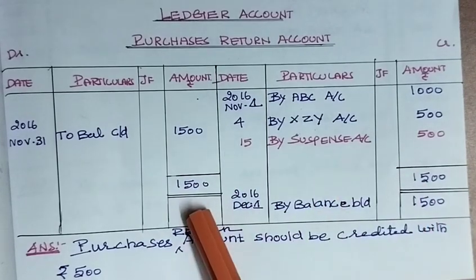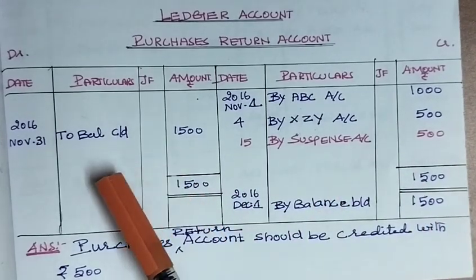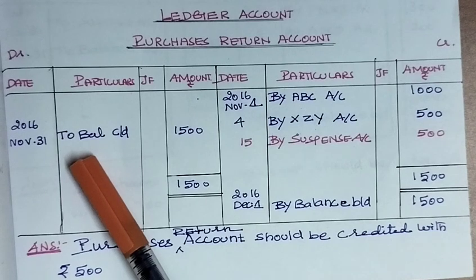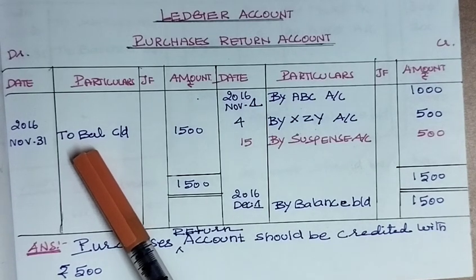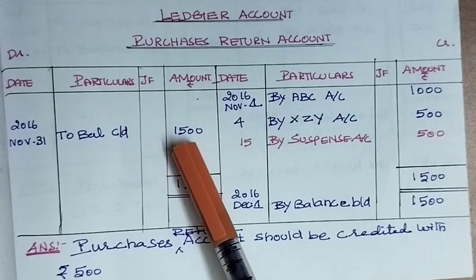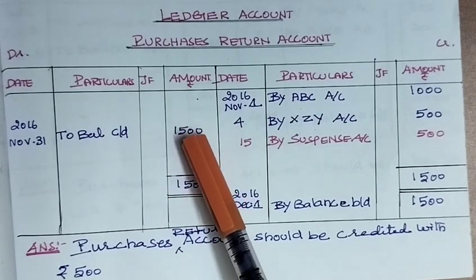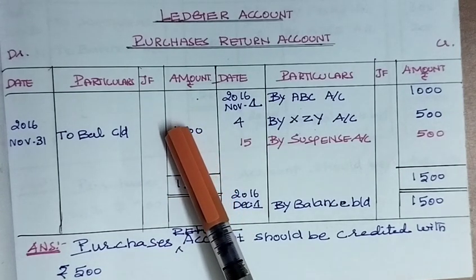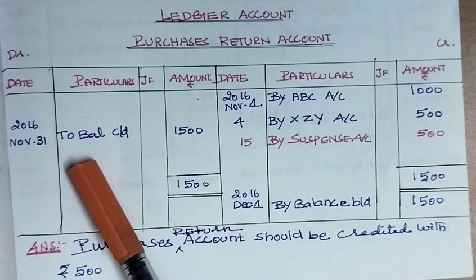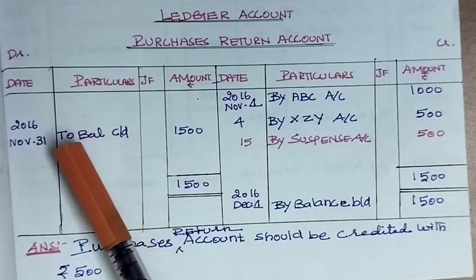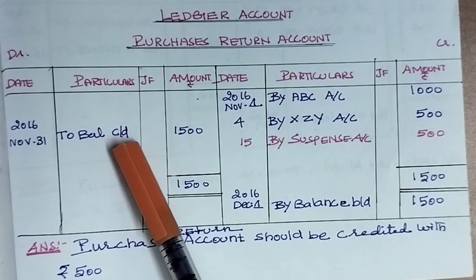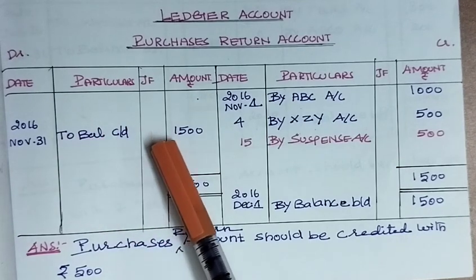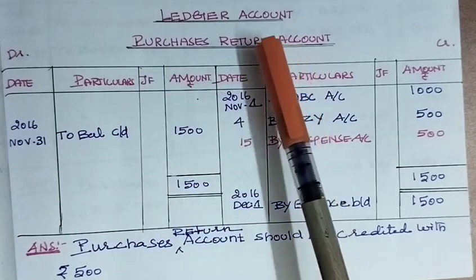Then we need to find out the closing balance of the purchases return account. On the lesser side, we write the difference value, that is 1500, on the debit side. Against this we write by balance carried down, which is the closing balance of the purchases return account, isn't it?